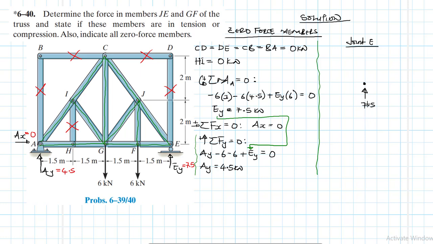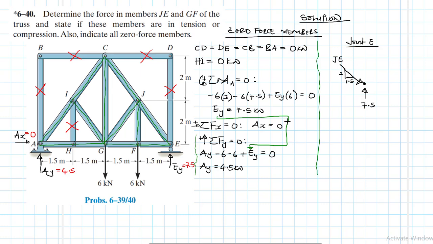All right. So let's say EJ is in compression, like so. This is EJ, or JE. We write it the way they have phrased it in the question. Then we have this slope here, and the slope is 1.5 run and 2 rise.